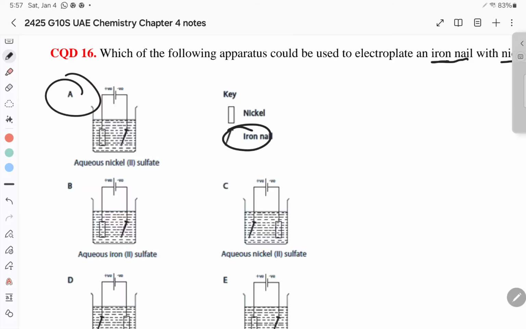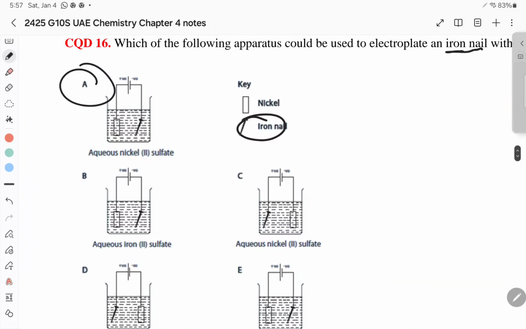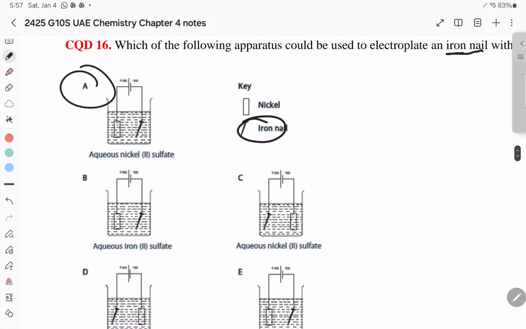Cathodes are the negative ones, but they are attracting positive ions towards them. So your iron nail should always be at the negative terminal, where your metal should be at the positive terminal. And the solution should always have the thing you want to plate with in it.